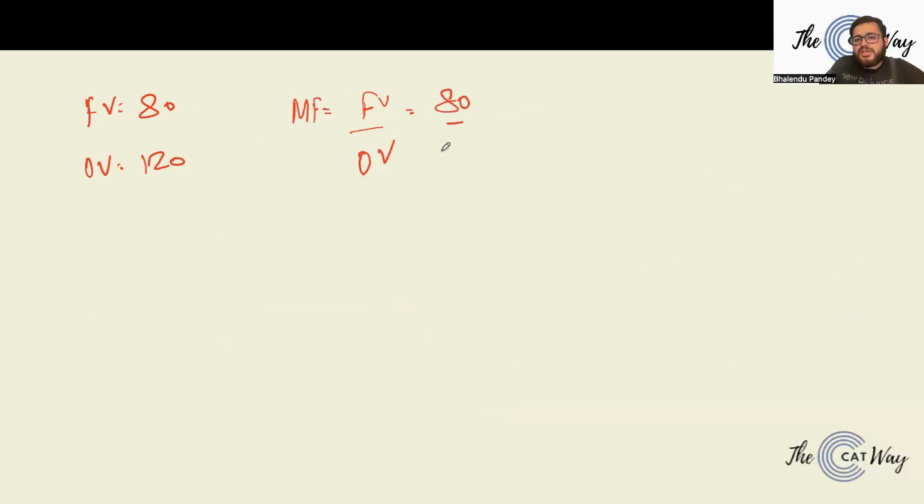Let's try and understand. Let's assume the final value is 80 and the original value is 120. Still, your multiplying factor would be calculated by final value by original value. But because here it is a decrease, it's slightly different. The multiplying factor that you are getting is 0.6666.